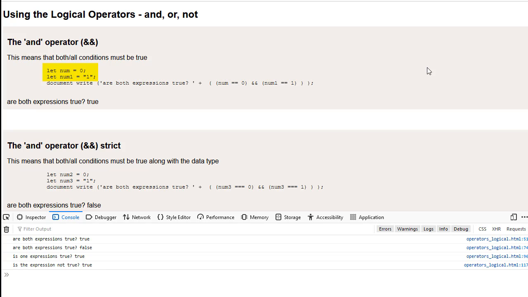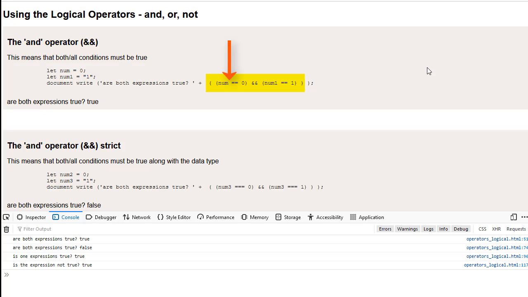So here I have my variable num equals 0, num1 equals 1. 1 has quotations around it. So I'm evaluating, are they both true? Are both of these conditions true? This is using the AND logical operator, which is represented by a double ampersand here.